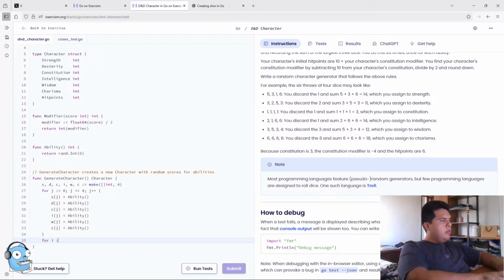Okay, for i equals to, for j equals to 0, the same thing, j less than 4, and j plus plus.